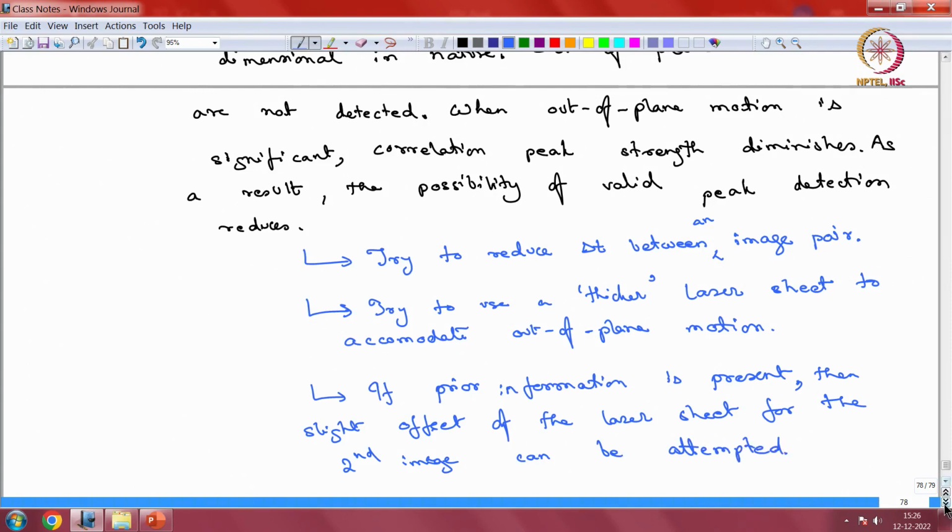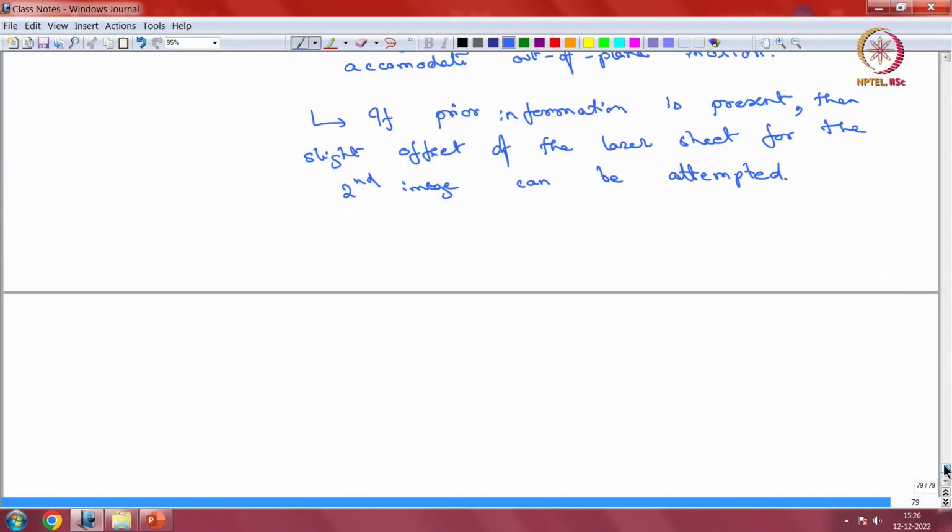This works well when the mean out of plane motion is sort of constant, and always you have to ensure that enough particles are present in an interrogation window.